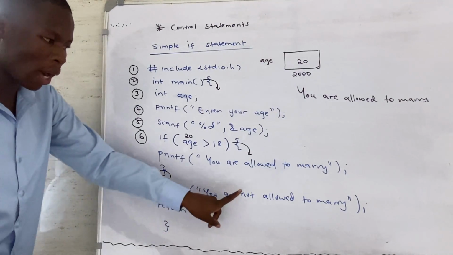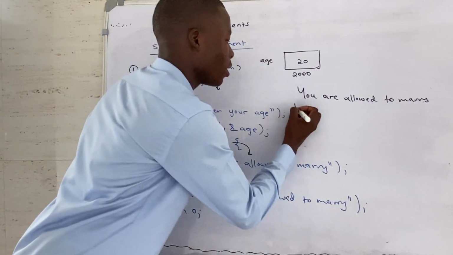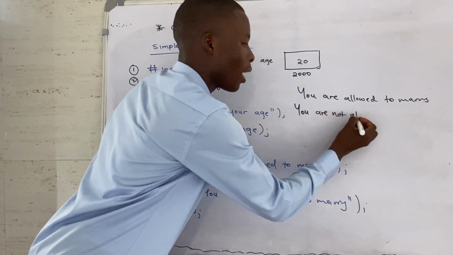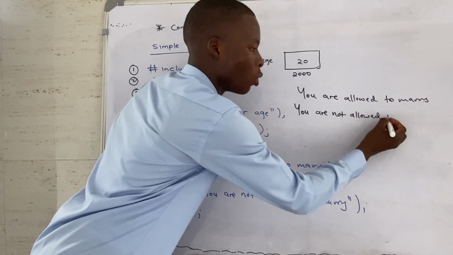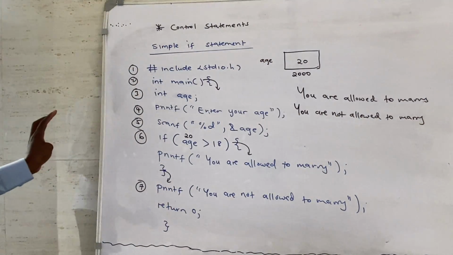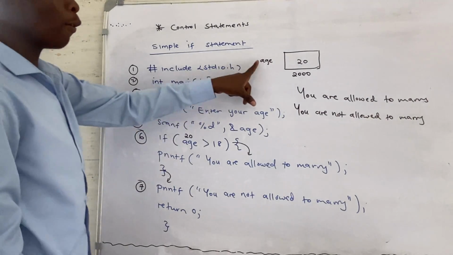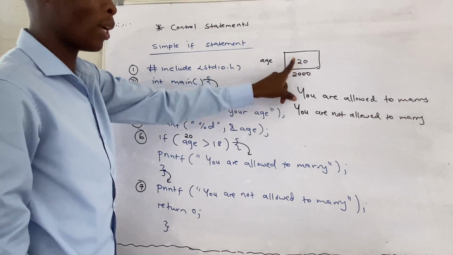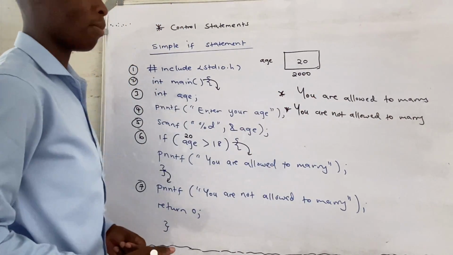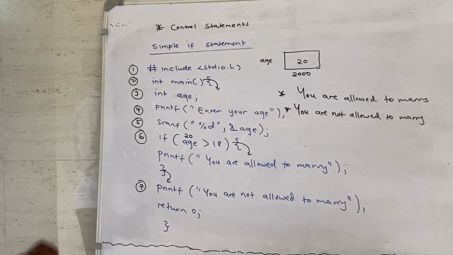Printf, you are not allowed to marry. So this statement again is going to be printed. Okay, return 0. This is over. So what is the output? If you are entering the age as 20, the two statements are going to be printed. You are allowed to marry. You are not allowed to marry.